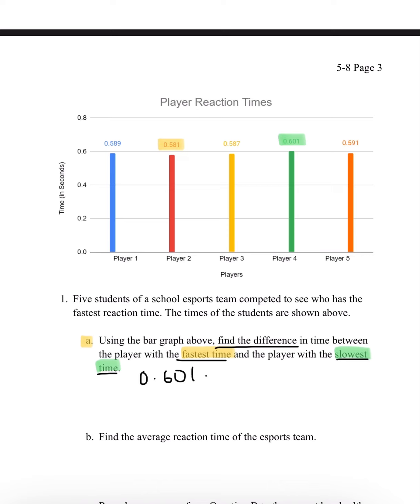Finding the difference is subtraction. So the slowest time is 0.601 and the fastest time is 0.581. And if we subtract this, we get 0.02. And that's our answer for number A.